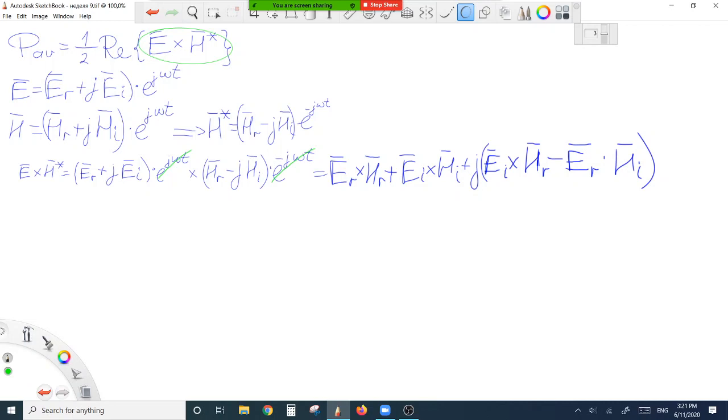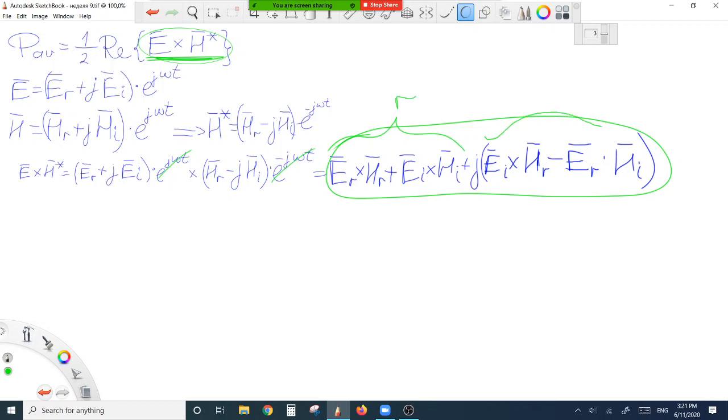Okay, so we have computed this expression, E cross H complex conjugate, and here is the real part, and here is the imaginary part.